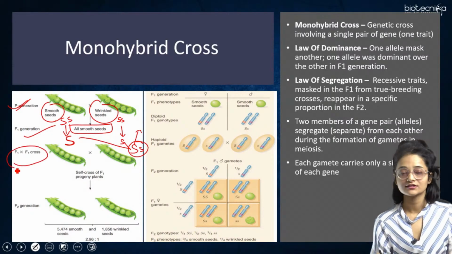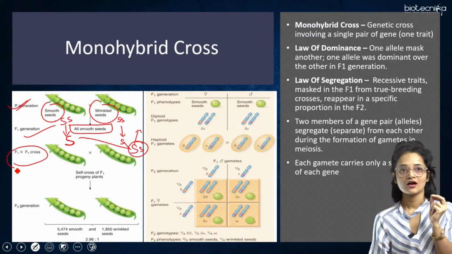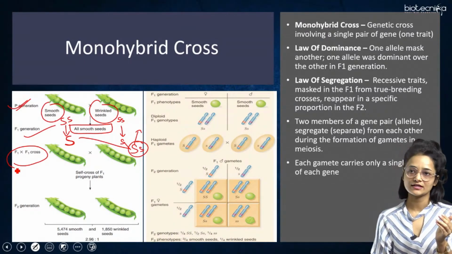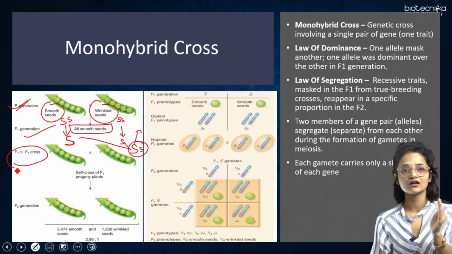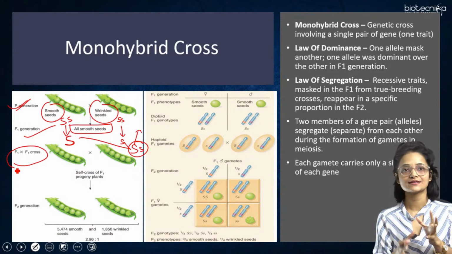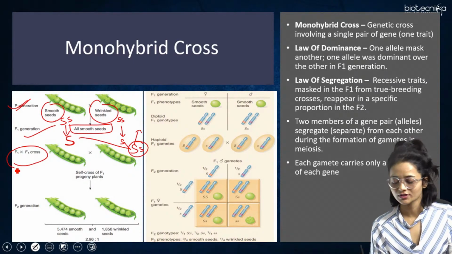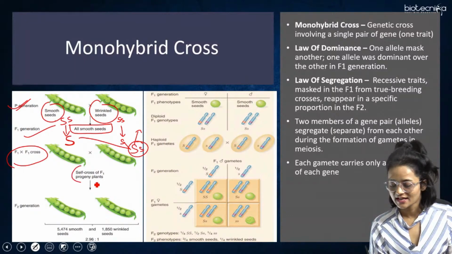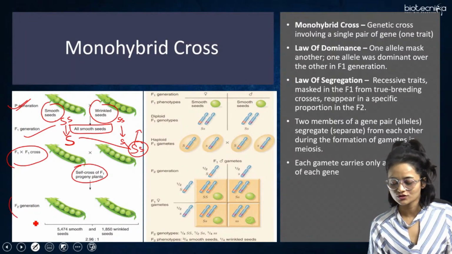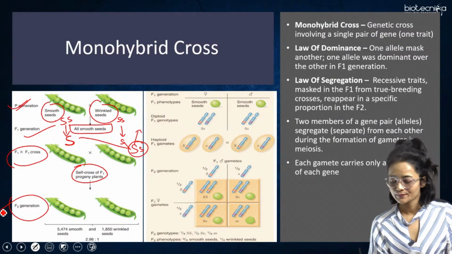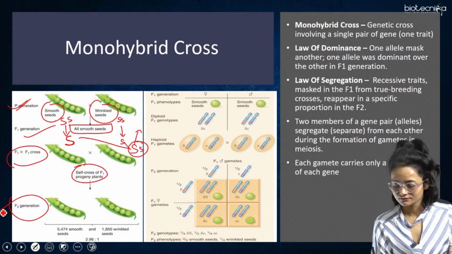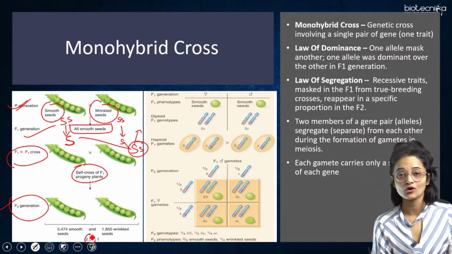Then in this F1 generation, what happens after that? The selfing is being done for the F1 generation. So F1 is being crossed with its similar genotype, F1 with F1, and what happens here? The selfing is being done, and the F2 generation is being produced, where you can see the ratio 2.96, it's approximately 3.